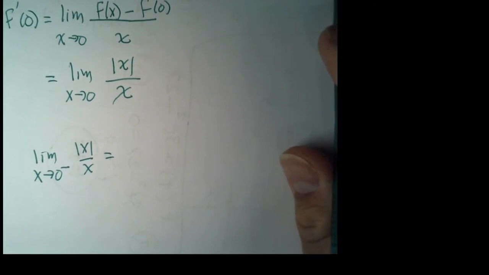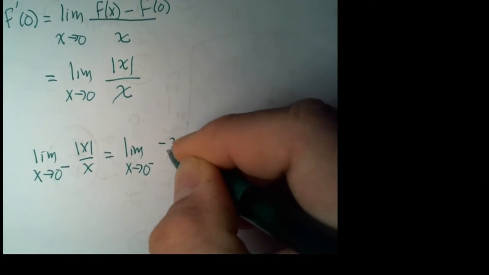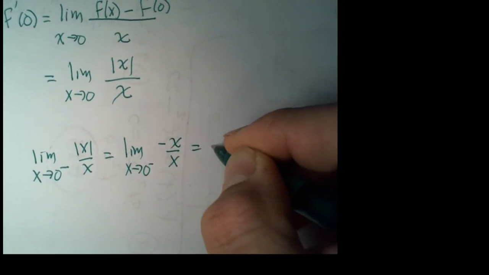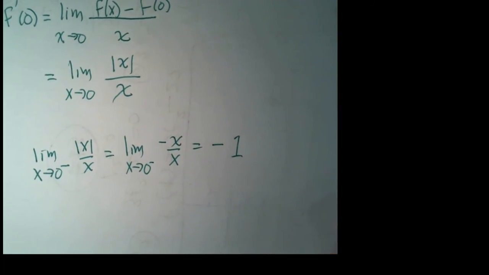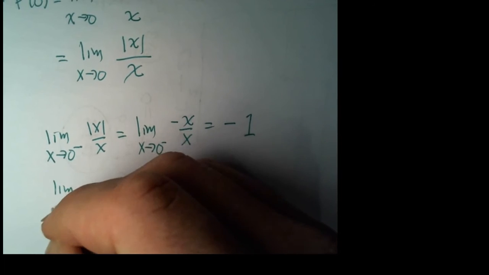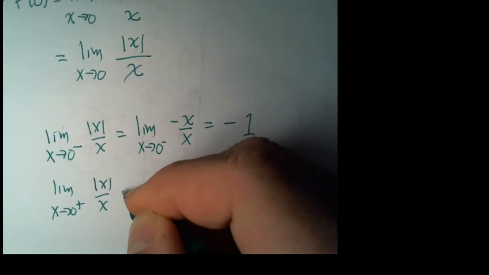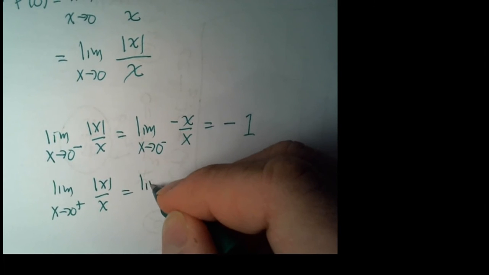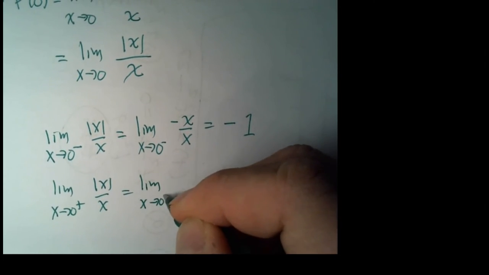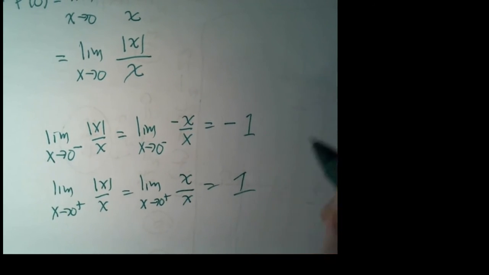That says that I should replace absolute value of x with negative x, and that gives me a value of negative 1. And then the limit as x approaches 0 on the right side, the positive side, means I can just drop the absolute value and replace it with x.